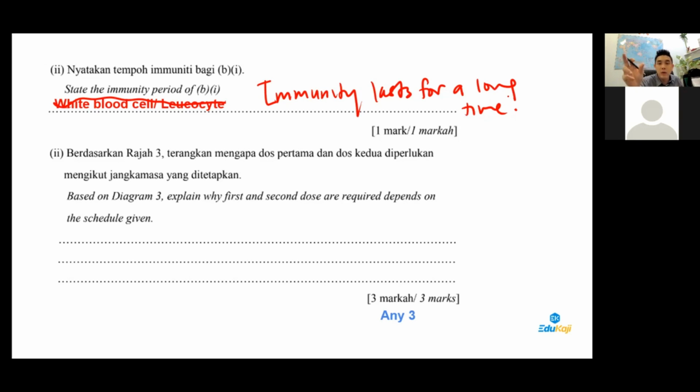Why take that number of days? Because during the first jab, what we learned in chapter 11 is that it can go up, but slow and steady, it can drop. So before it drops, we quickly give a second dose, a second jab, for it to go up real quick.